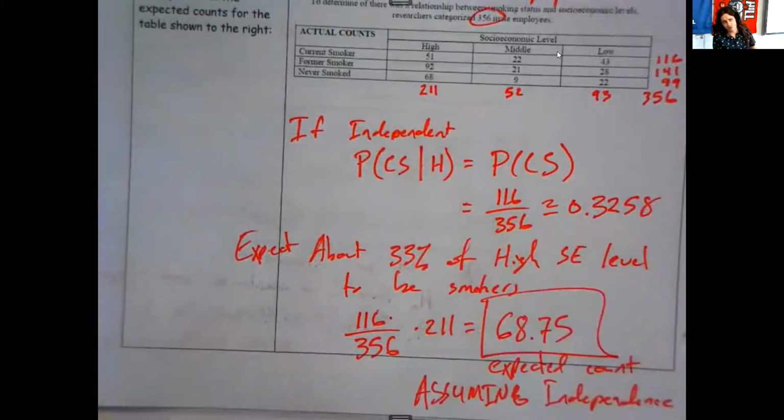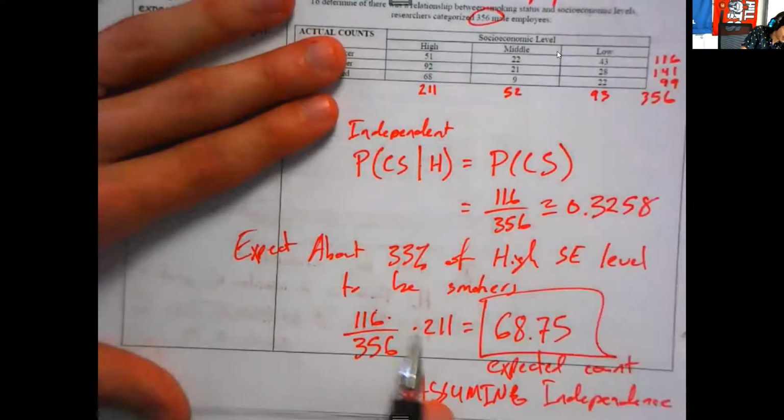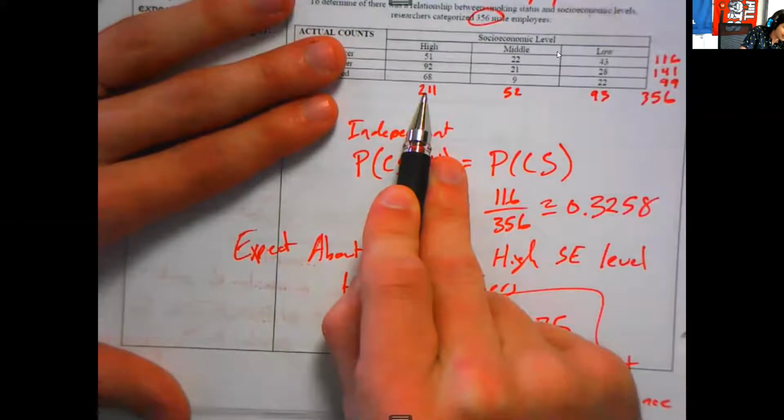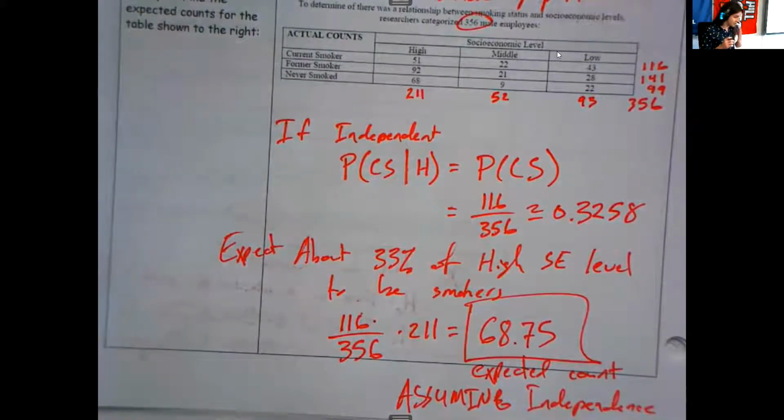No, we only saw 51 people in the high socioeconomic level smoking. That suggests to me there may be some dependence. Again, this is row total 116 times column total 211 divided by table total 356. Row total times column total over the table total gets us our expected value.